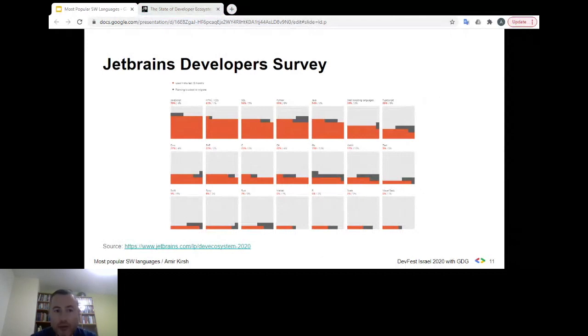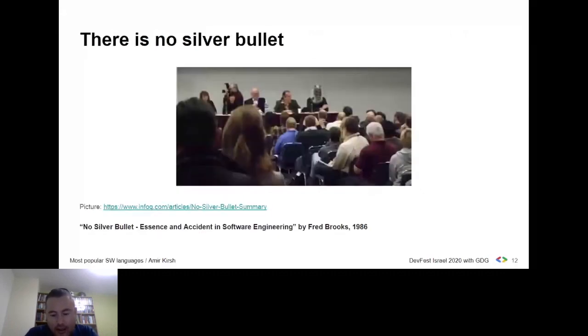Did you hear about the No Silver Bullet paper by Fred Brooks? Well, in 1986, Fred Brooks wrote a paper saying that he foresees that in a decade from the paper, and we are about 3 decades from then, there will not be any substantial change in software programming, so no tenfold or even twofold change in efficiency in writing programs.